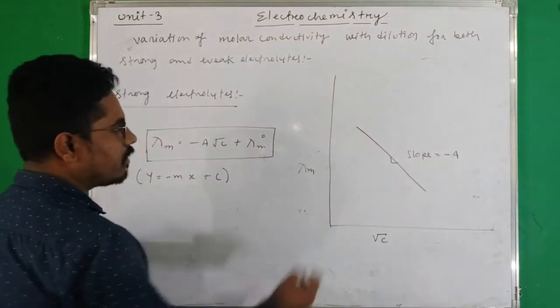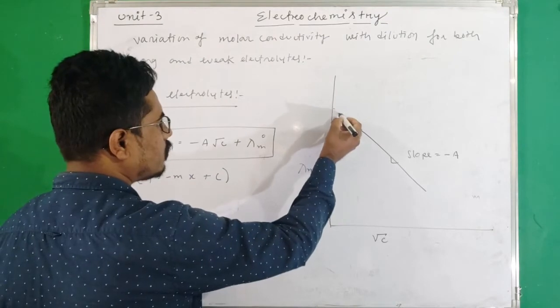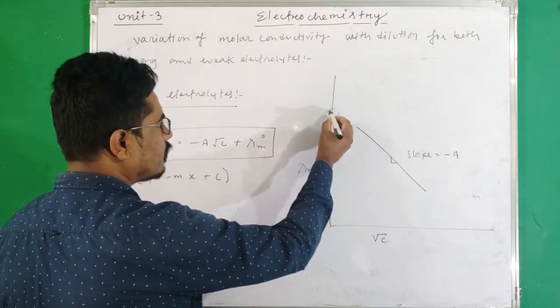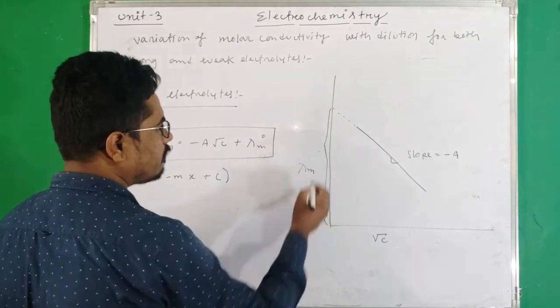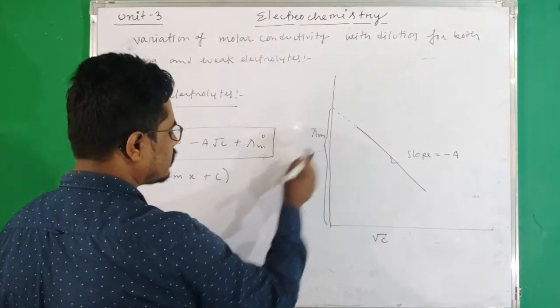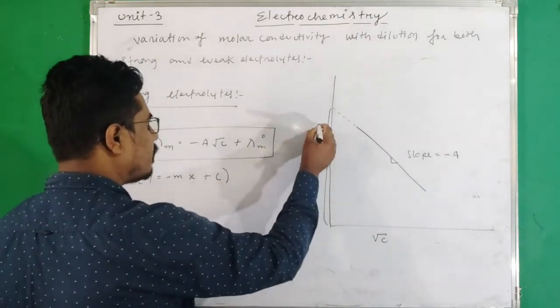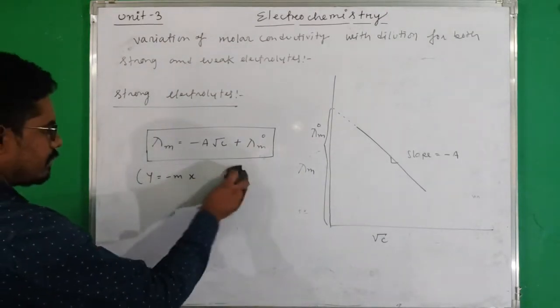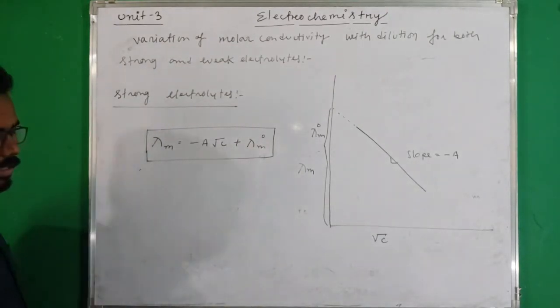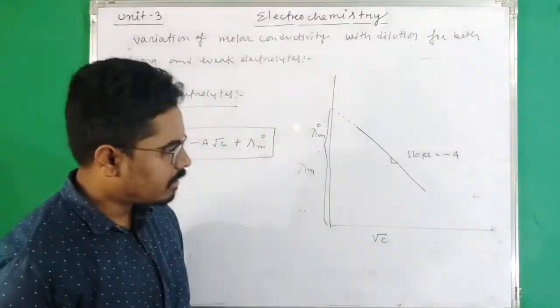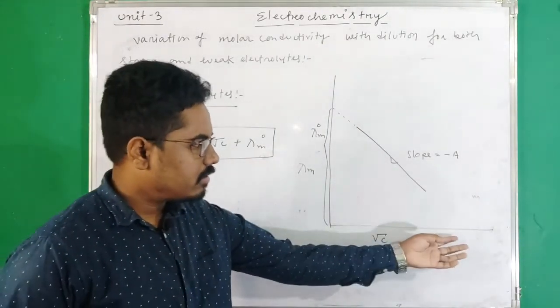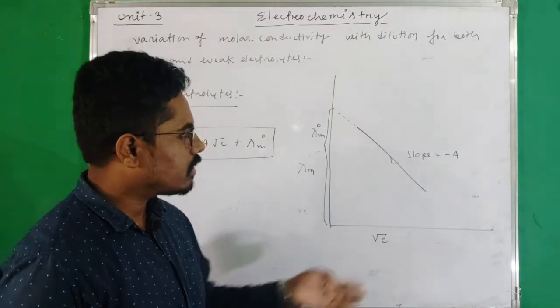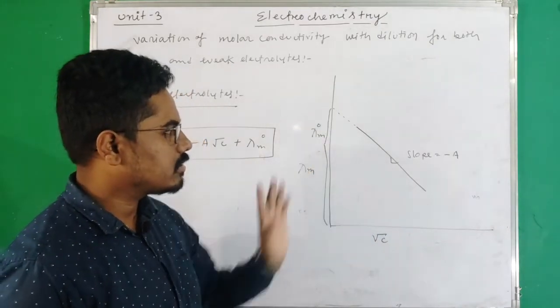When we extrapolate the graph, this portion will give the intercept, and the intercept is equal to Lambda m naught, which is known as limiting molar conductivity. We have studied that when the concentration decreases, the molar conductivity always increases.